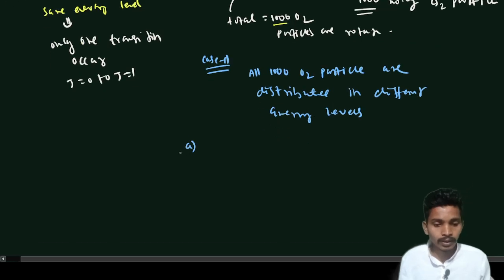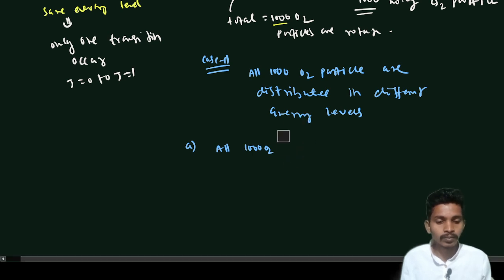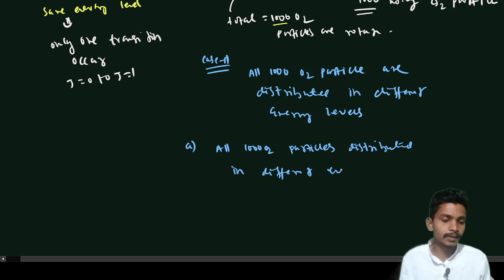Now case 1a, option A: all 1000 O2 particles are distributed in different energy levels in the same number.